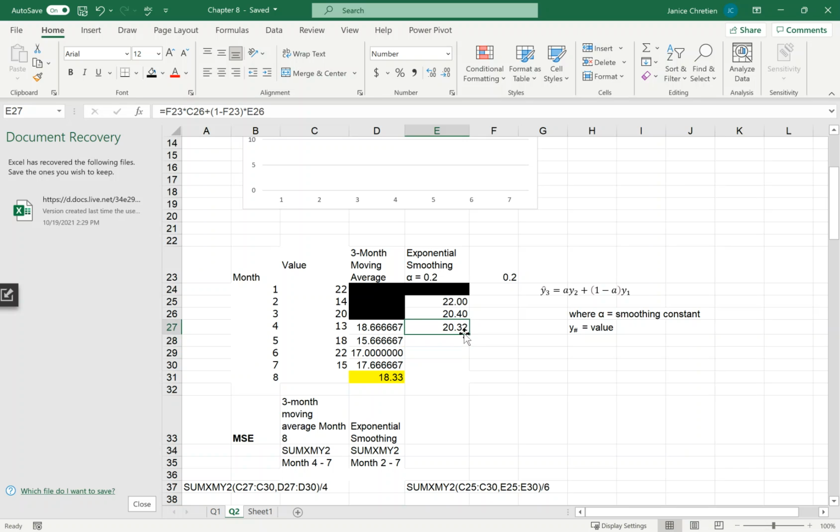I don't think I can pull this down, but let me see if I can. Try it like this. No, I didn't think so. Okay, because it's a pretty detailed formula.